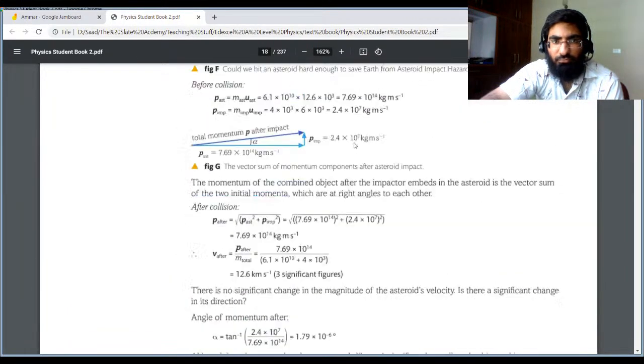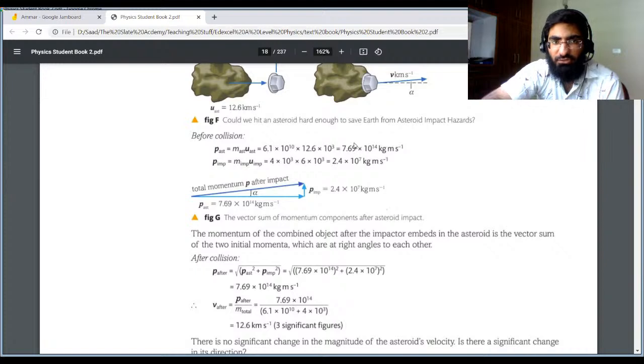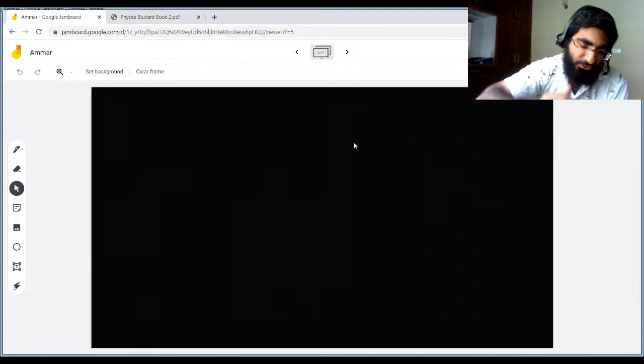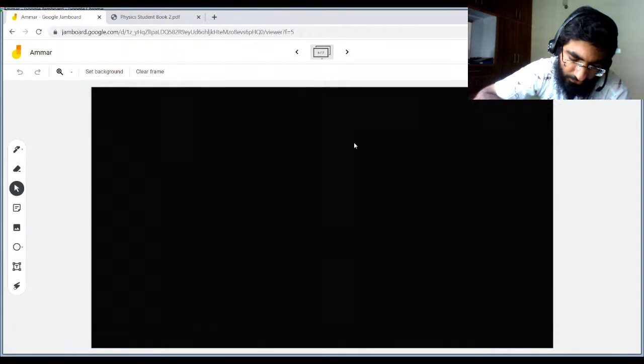Right, so let's draw the diagram. No, so we just need to do tan theta.